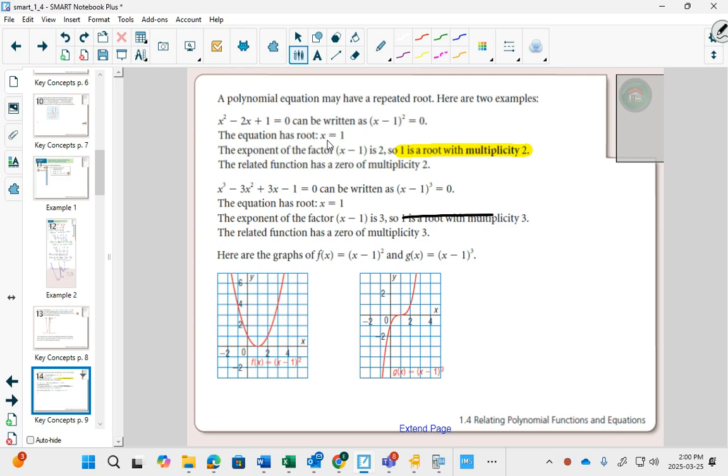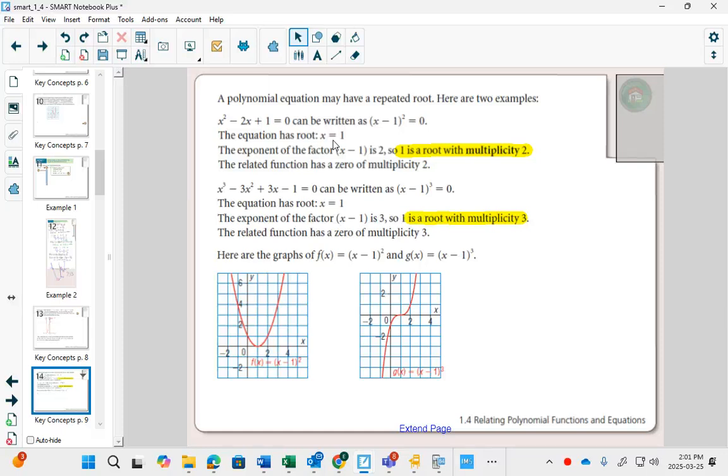Whoops, that's not highlighted. Sometimes you get the same x-intercept happening more than once. And when you have something happen more than once, your graph acts a little funny at that point.